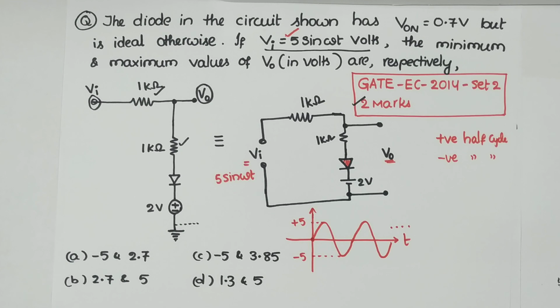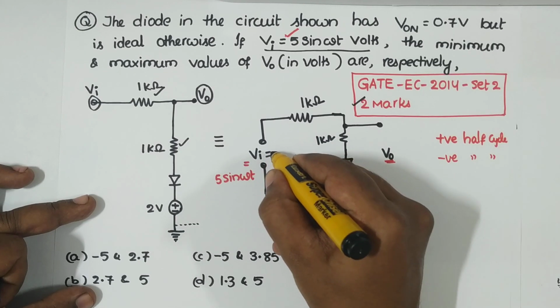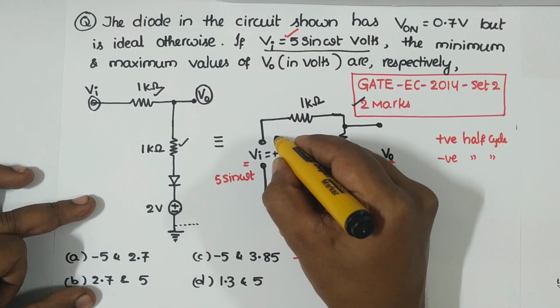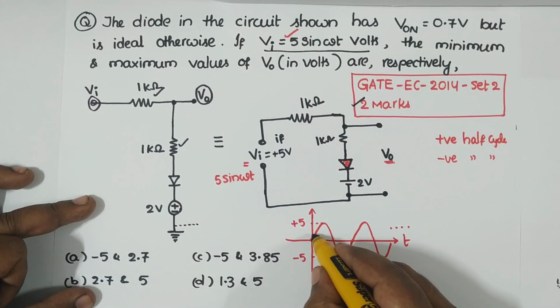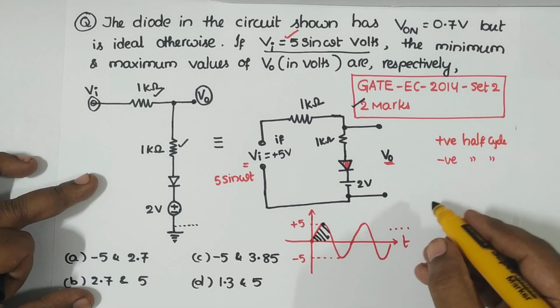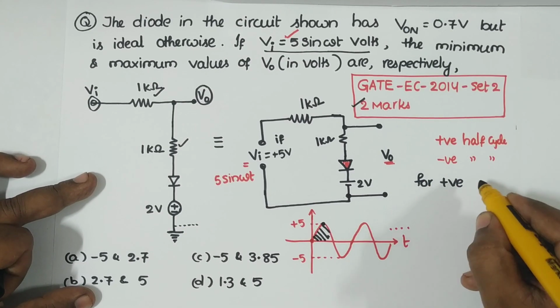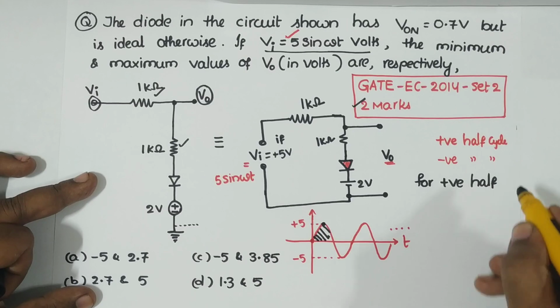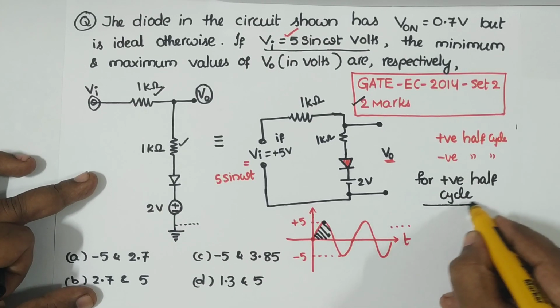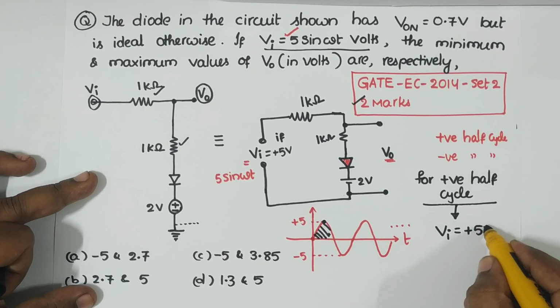Now what happens if I take a positive half cycle of our sine wave? If my Vi is positive 5 volts, because for the positive half cycle of sine I have positive 5 volts here, let me write it down. For the positive half cycle, my input voltage is positive 5 volts.